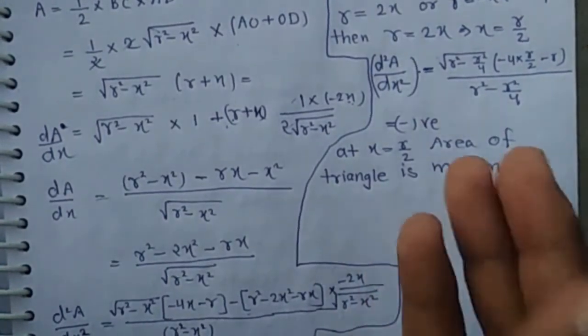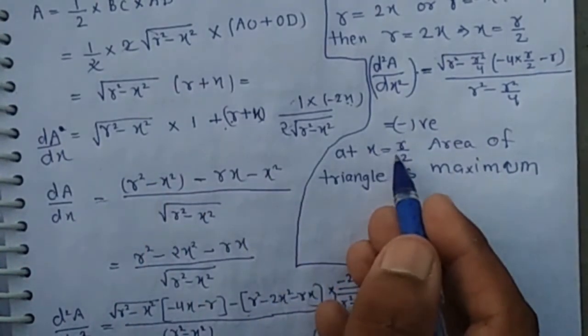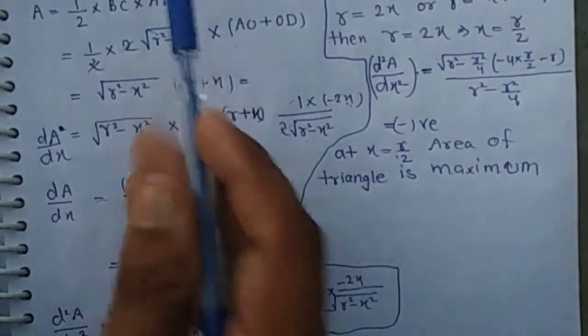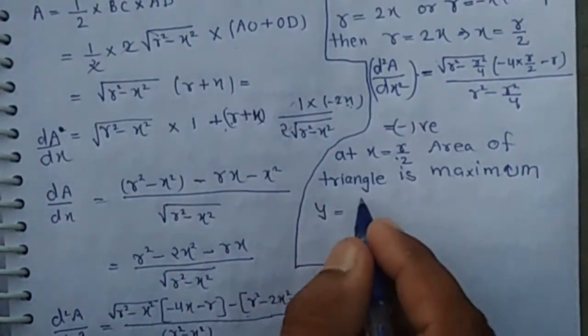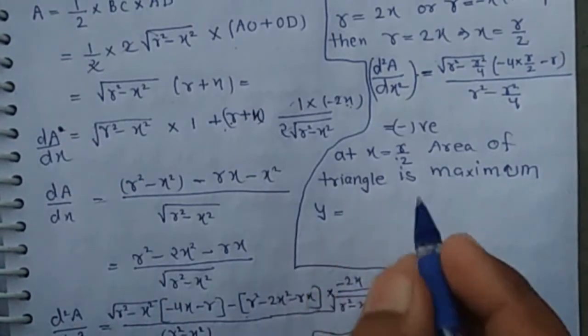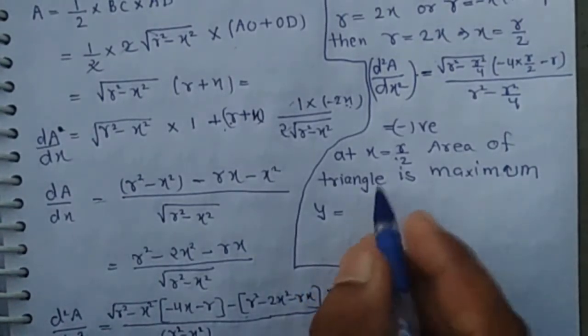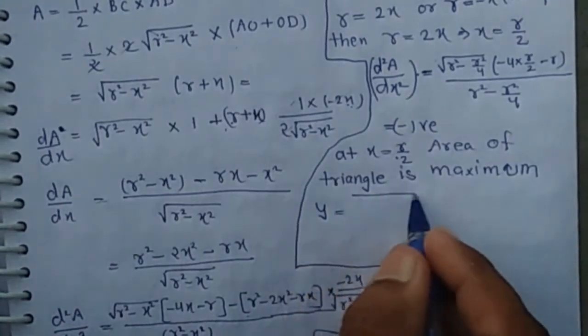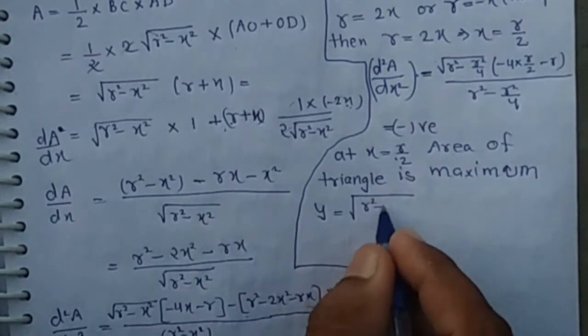Now we have to show that it is an equilateral triangle. Then we put x equal to R by 2 in this term. We have y equal to square root of R square minus x square.